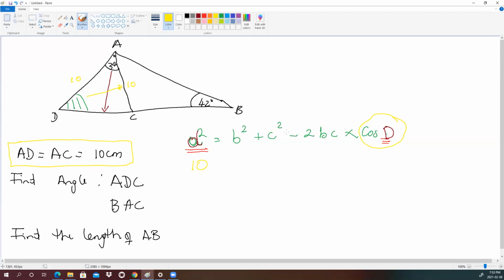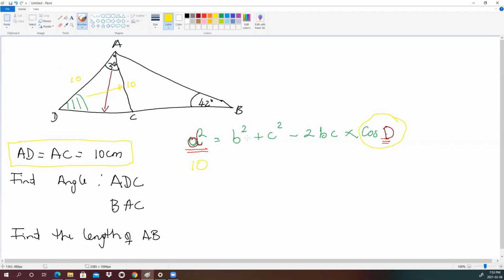And so we find out now that we could use the cosine rule to find angle D. Is that what we were asked to find? ABC. We could use the cosine rule to find angle D, because if this is angle D here, that's our unknown.